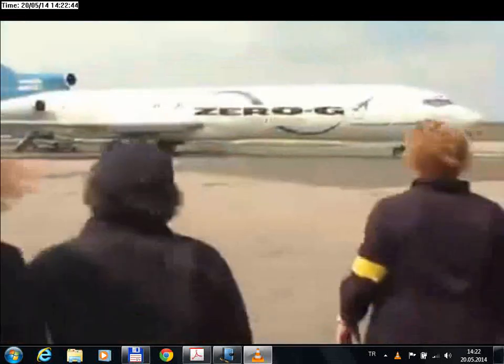Zero G is the most amazing thing you'll ever experience. Experience weightlessness without going to space, and that's aboard Zero G. We're the only company in the United States to be able to offer weightless flights, and we're very proud to do it.